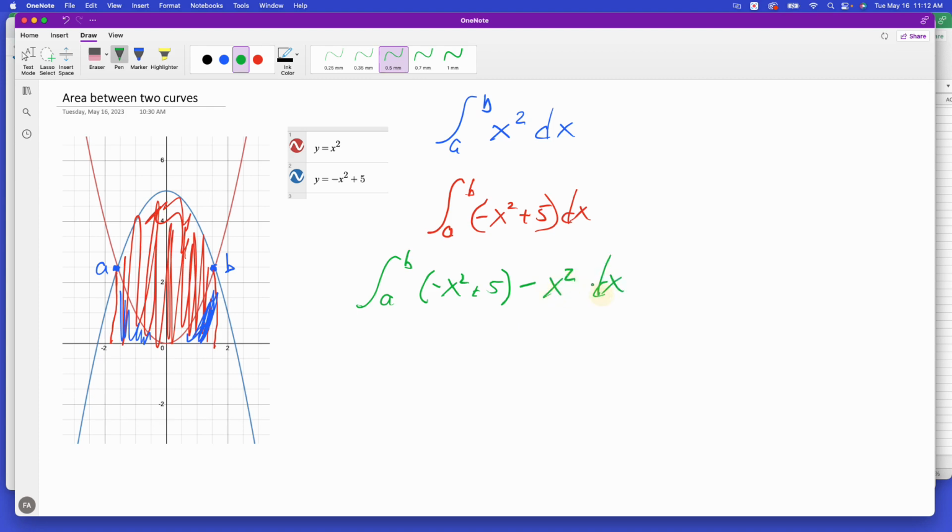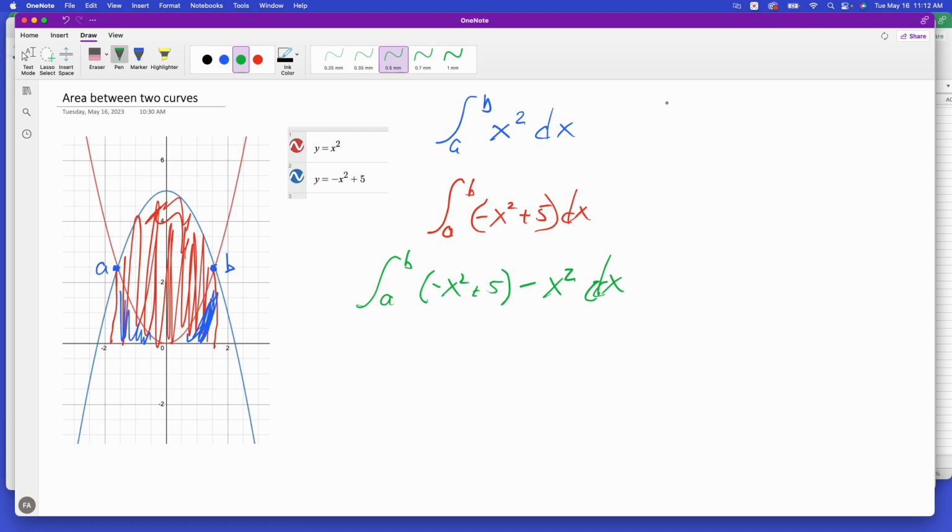I can put that all in the same integration sign, or I could have left them as two separate integrations. Either way. So now I'm just doing the top one minus the bottom one: the one that has the larger y values on that interval, minus the one with the smaller y values on that interval. Okay? And we can look at multiple intervals on this region and see what's going on with these pieces. Okay, so there's that.